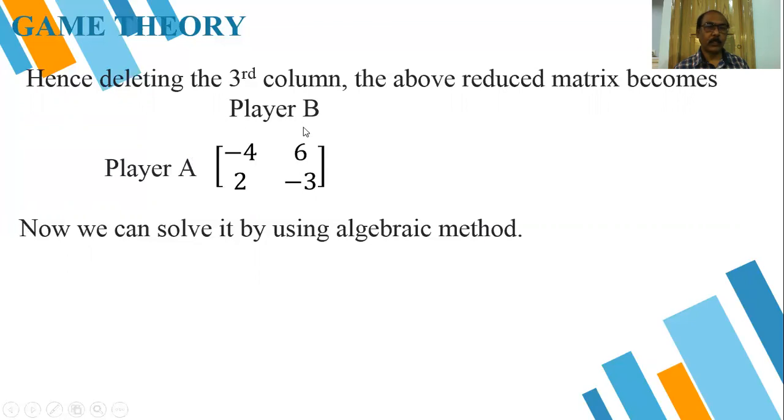The third column is deleted, and correspondingly for A the second row is deleted. So the strategies are A1, A3 and B1, B2. Now by selecting the strategies and applying the algebraic method, we can solve it easily. What are the optimal strategies and the value of the game?